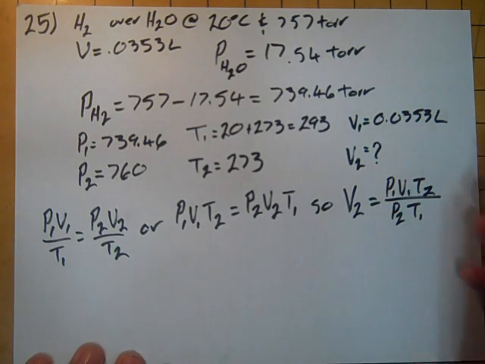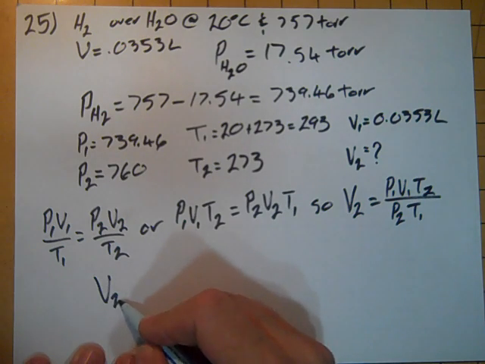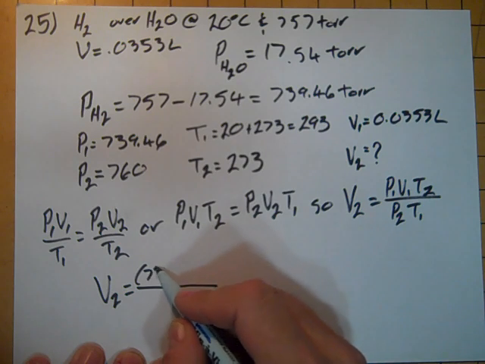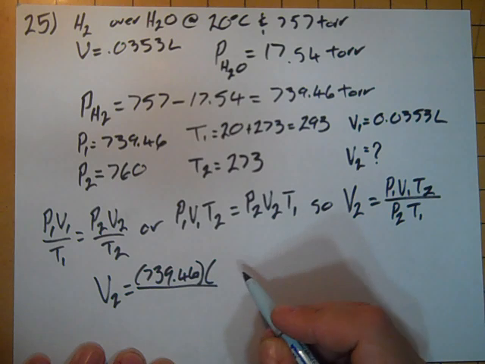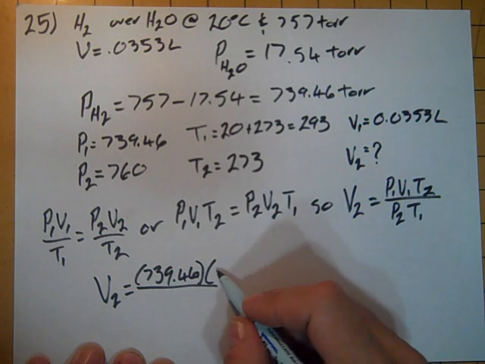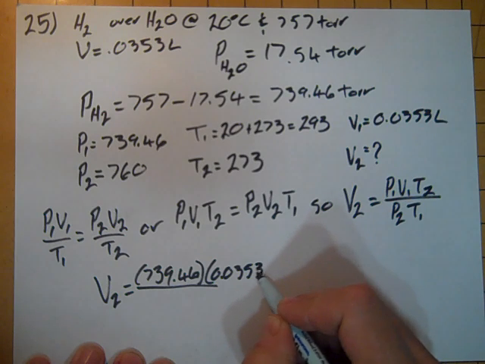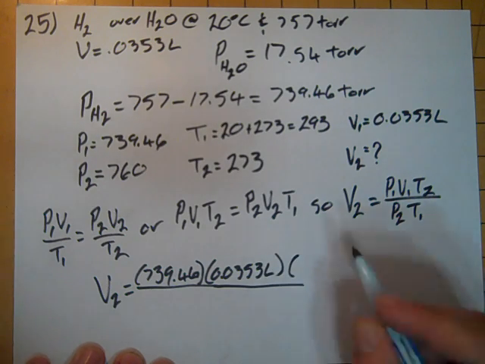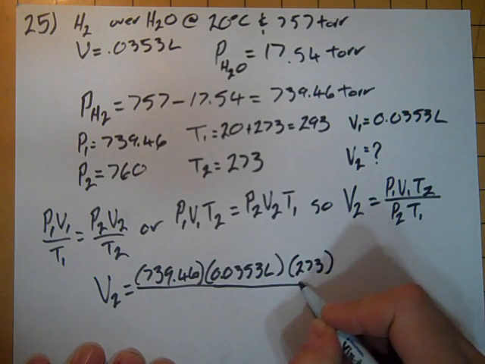Well, I have all these numbers, so it's just time to substitute them in. V2 is going to equal 739.46 times 0.0353 liters times T2, 273.